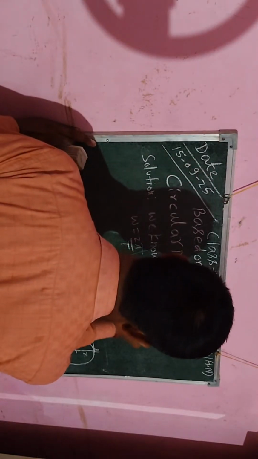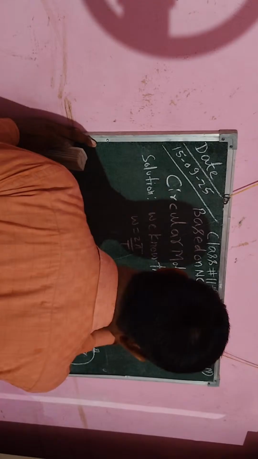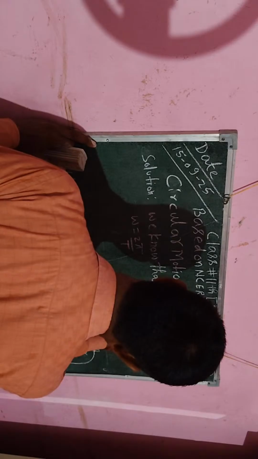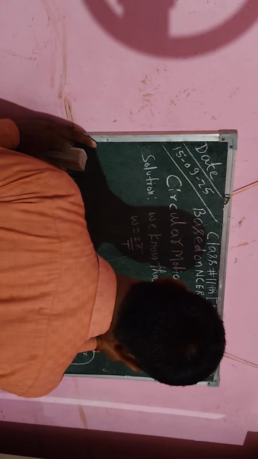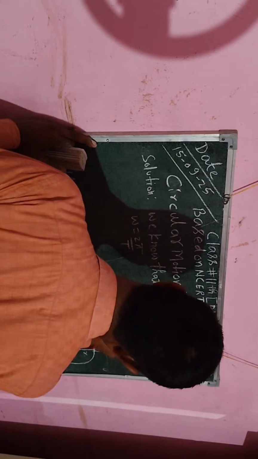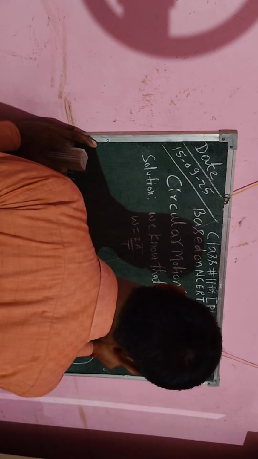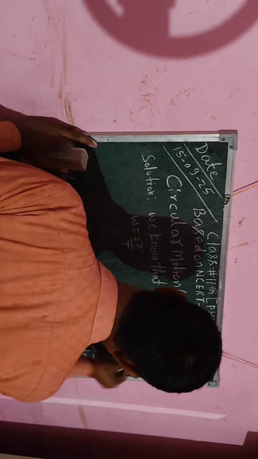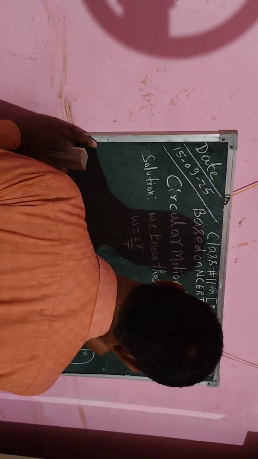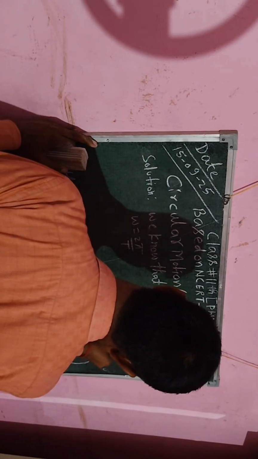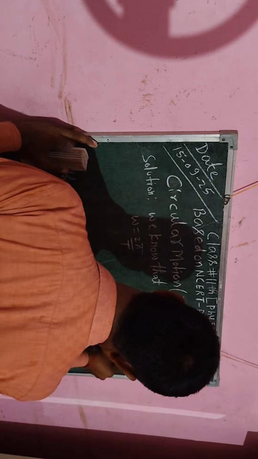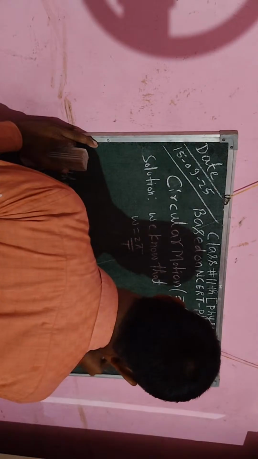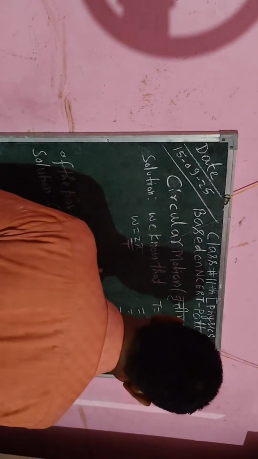I can write 24 hours into 1 hour, and 1 hour is equal to 60 minutes. So again I write 24 hours into 60 into 1 minute. In the place of 1 minute I have to write it in seconds.